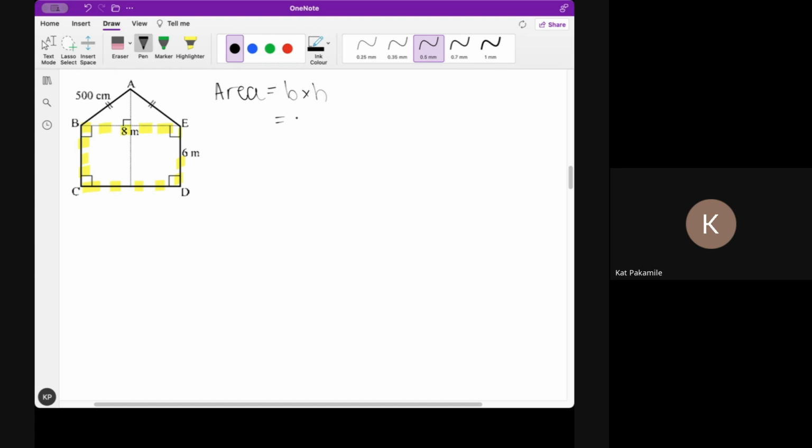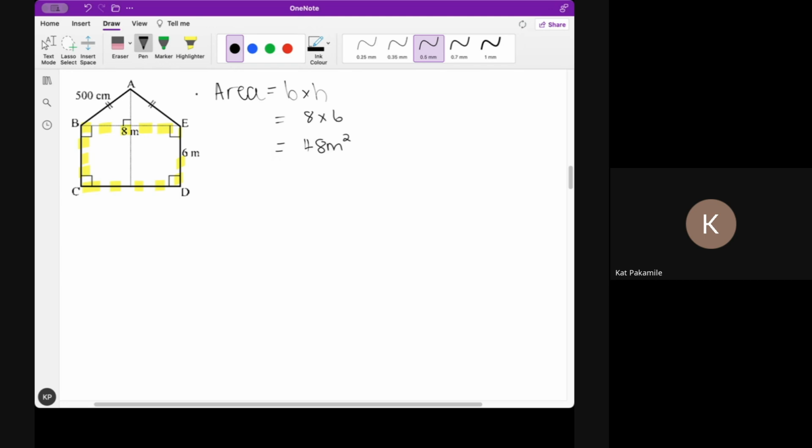What is my base in this case? 8, and your height 6. So the area for the bottom part is 48 meters squared. Great. So we've sorted out the yellow part of this.